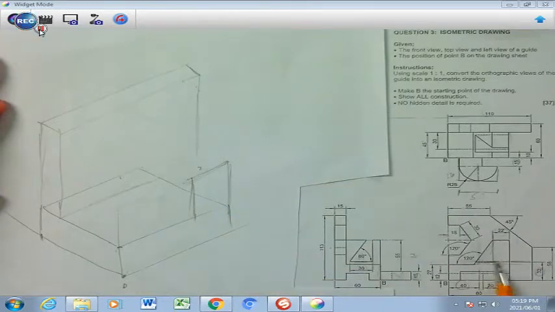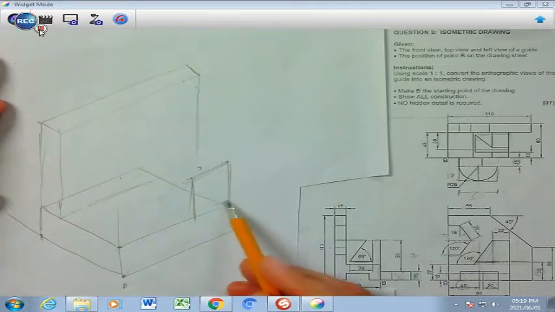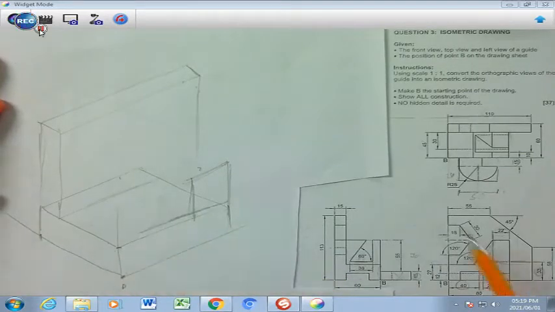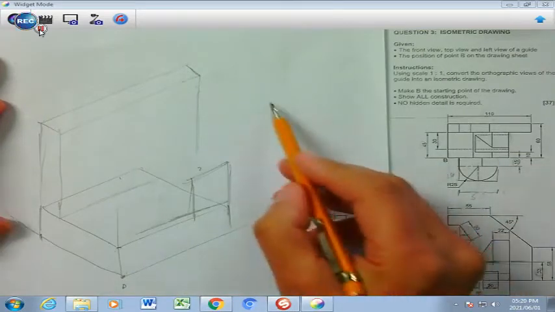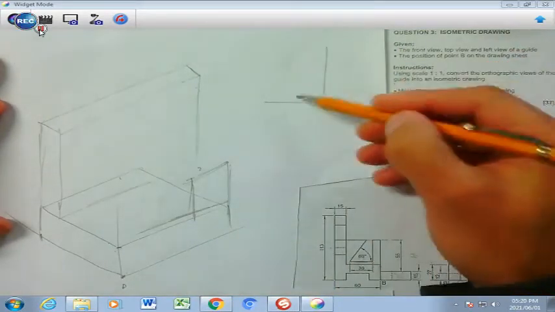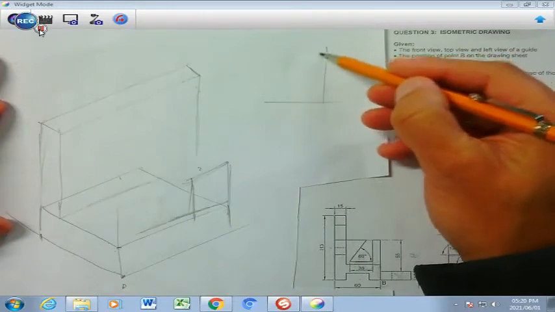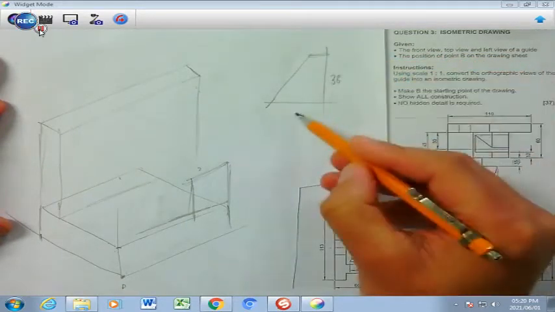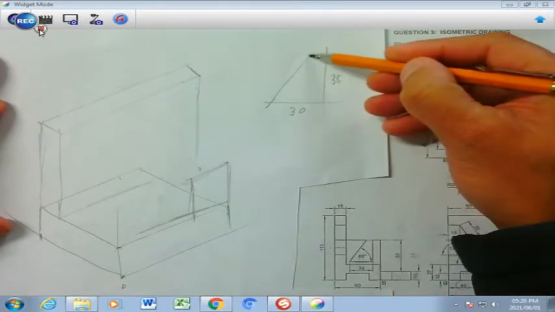Now keep in mind that that part there is slightly higher than the 27. So that is 32. So you're going to have a 32 measured up there. And you're going to bring that line across. You're going to go to your auxiliary view, which you've drawn like that there, where that was 38 and that was 30.